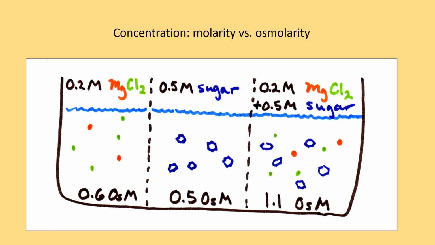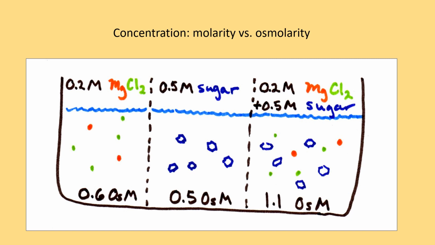Molarity and osmolarity are two different ways of expressing concentration. And we can use this diagram to help us understand how to convert from molarity to osmolarity. We'll go through these 3 different solutions, starting with the solution on the left. It's a 0.2 molar solution of magnesium chloride. That means we take 0.2 of a mole of magnesium chloride and add that to a liter of water.